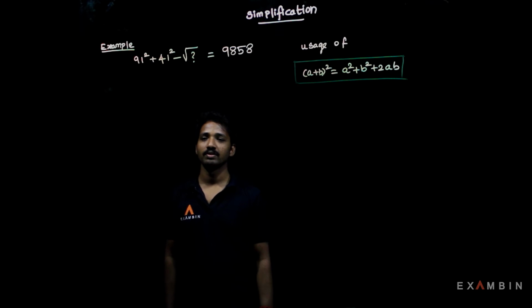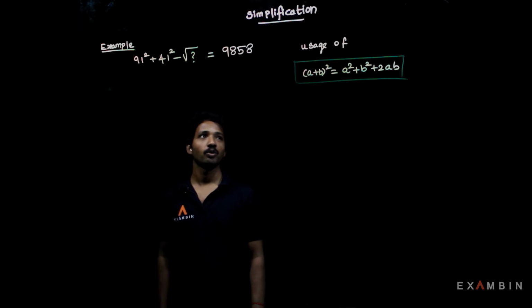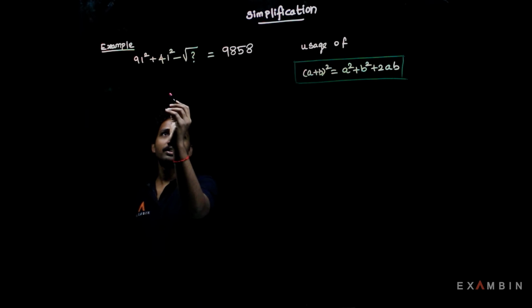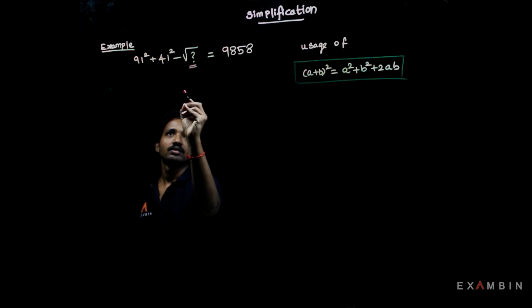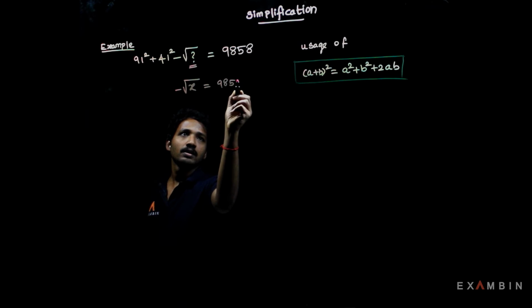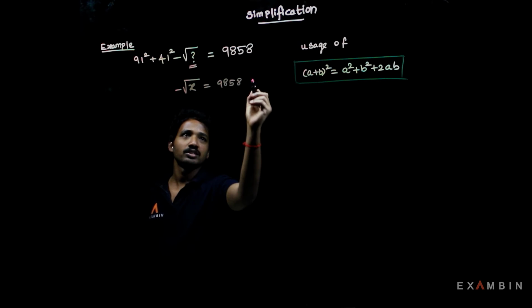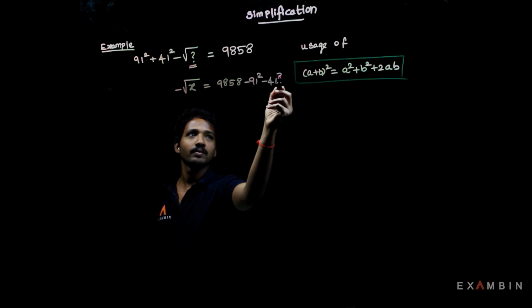In this example, we will see how to effectively use the a plus b the whole squared formula. You know that a plus b whole squared is equal to a squared plus b squared plus 2ab. Here, we need to find the value of the question mark. So I am taking the value of the question mark as x and taking everything else to the other side: minus 91 square, minus 41 square.